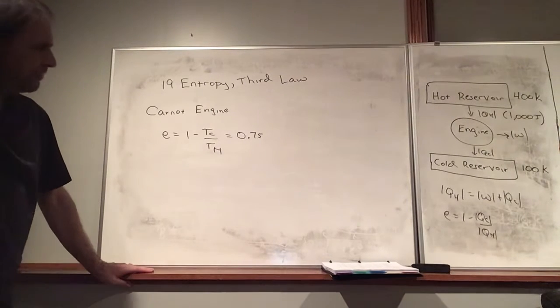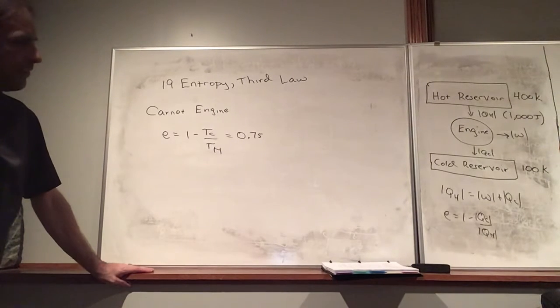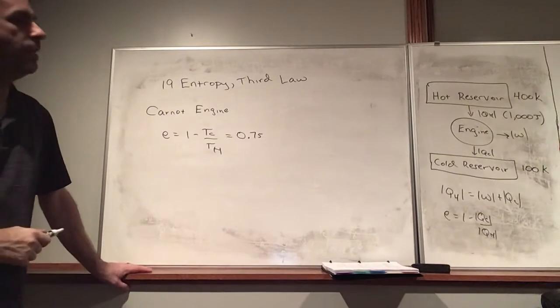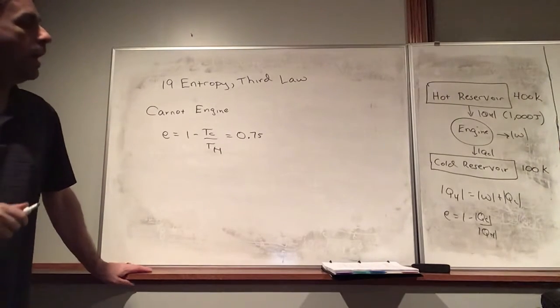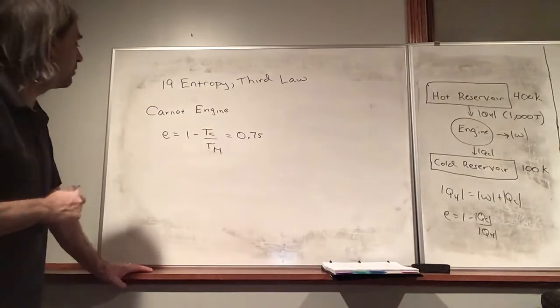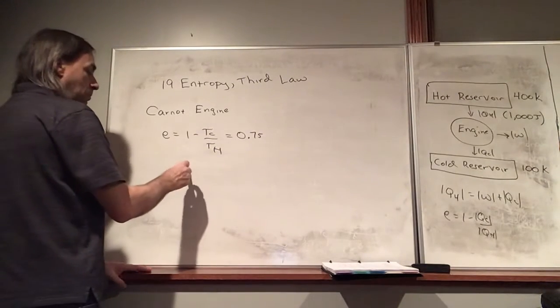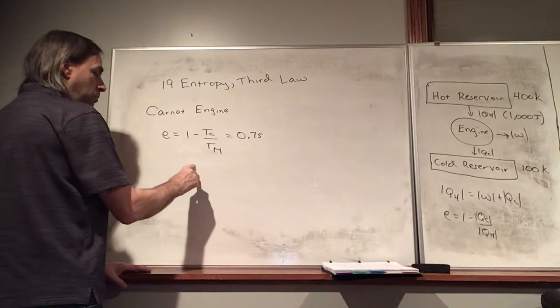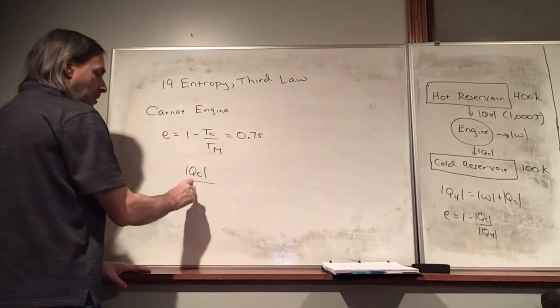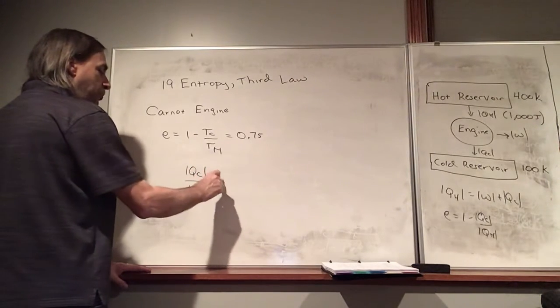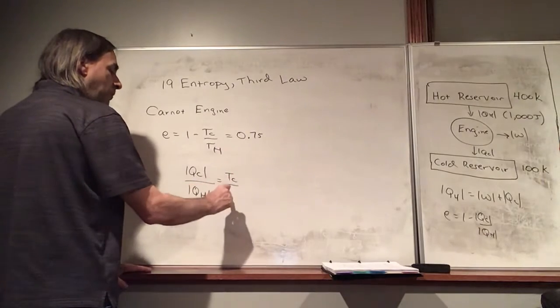And then we can use that to find QC. We know QH. We can find QC from this as well. Because QC over QH equals TC over TH.